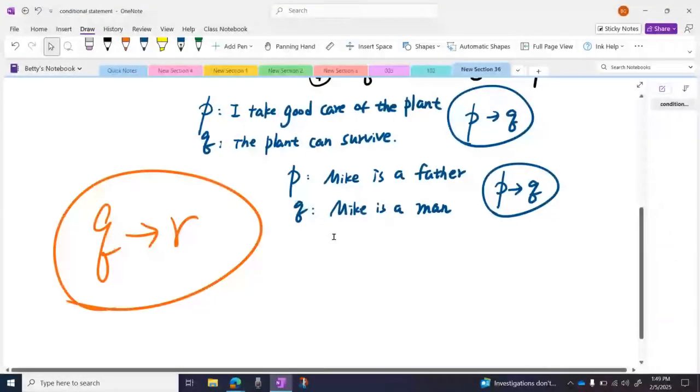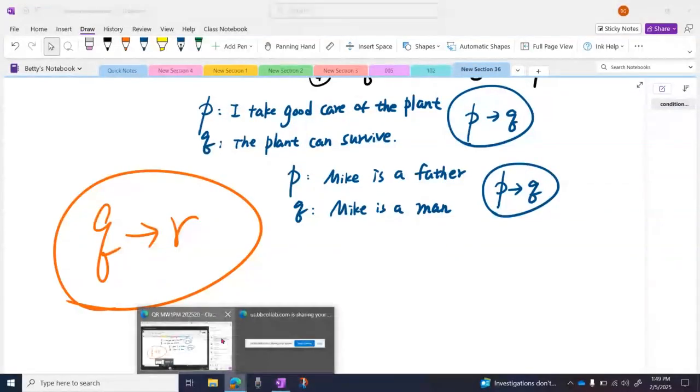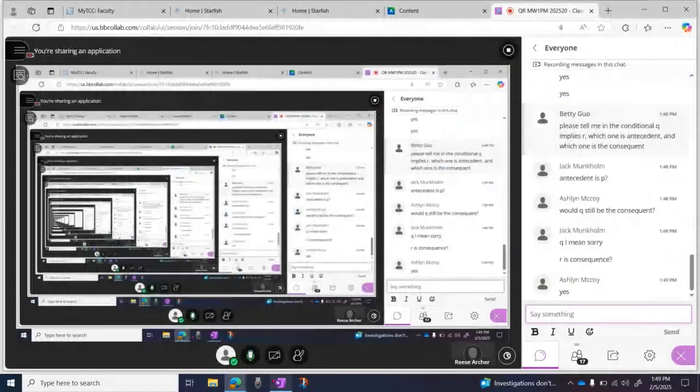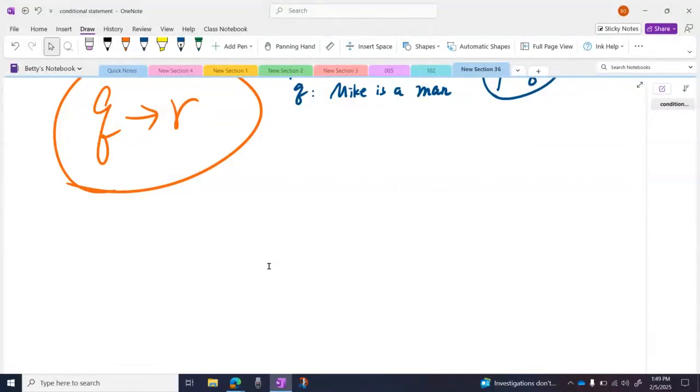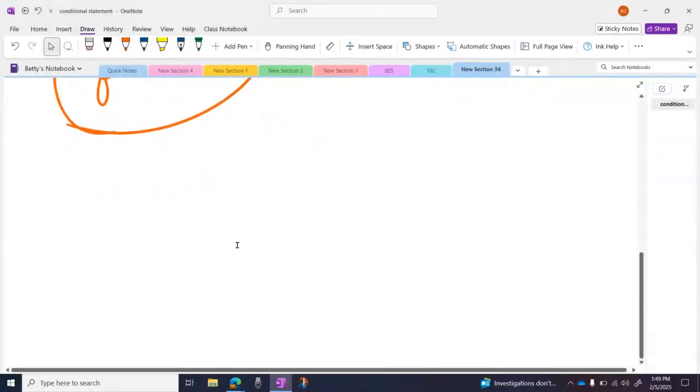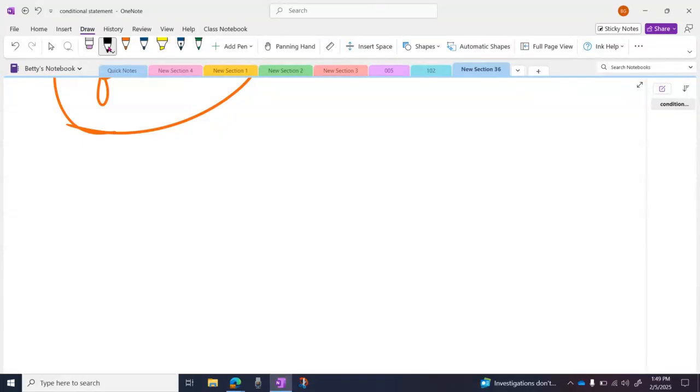And next up, we're going to talk about inverse, converse, and contrapositive for a conditional. A conditional is pretty complicated. We're gonna give some definitions that are pretty important regarding conditional statements.